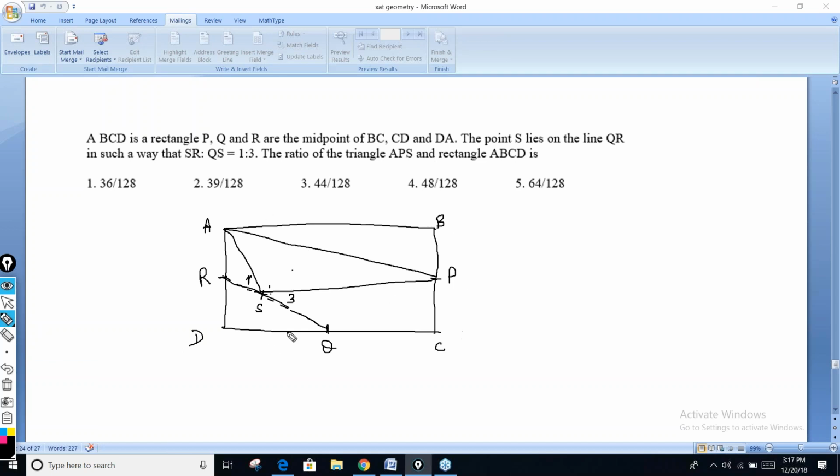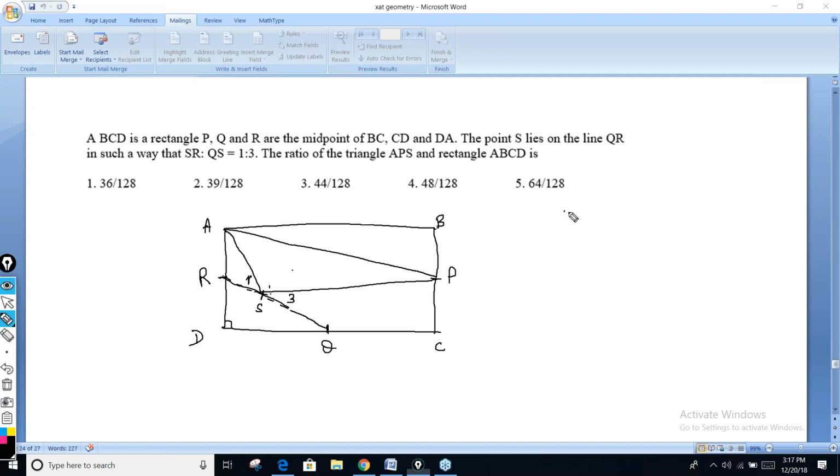So this area and the complete area. First in this question, that is very crucial, is how you assume values. Now, can I say this is a right angle triangle? This is a right angle triangle. So this is the hypotenuse, and choose the hypotenuse such that it becomes a multiple of 4, so that it is easy to divide in the ratio 1 is to 3.